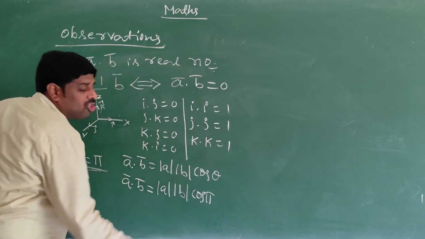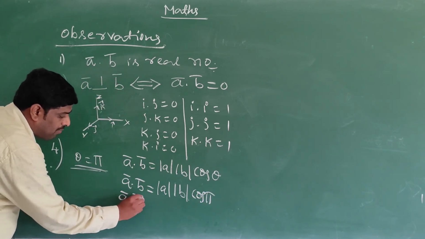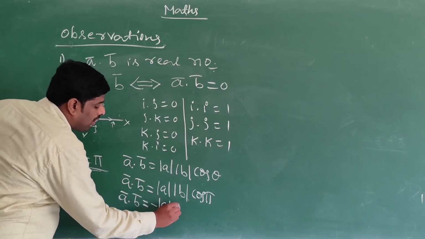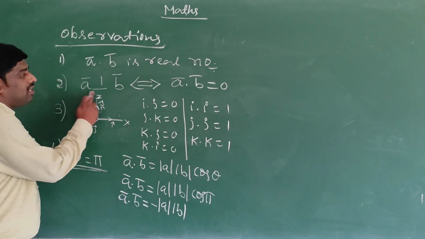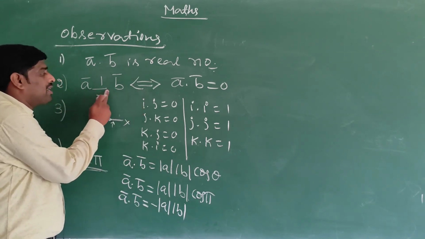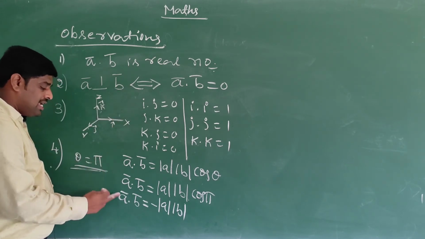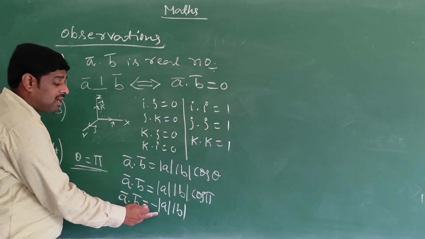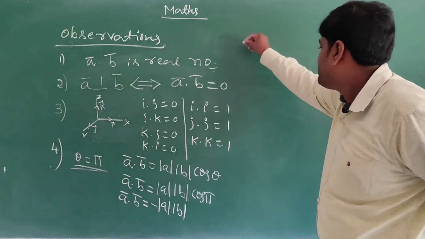Cos pi value is how much? -1. Therefore a bar dot b bar equals minus magnitude of a bar, magnitude of b bar. Come to the next point.